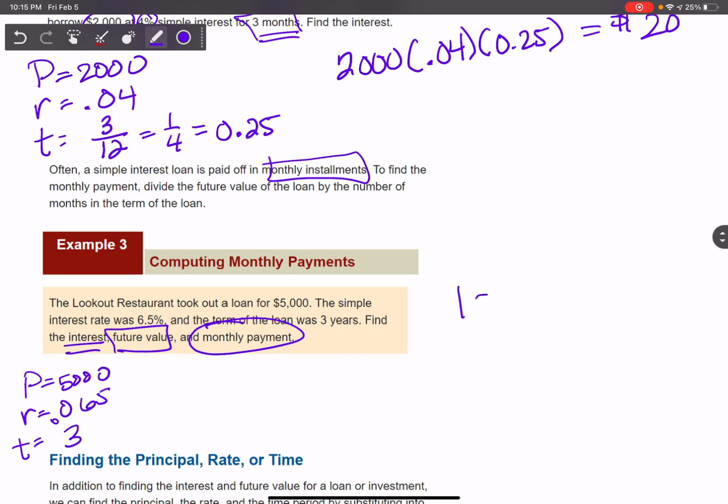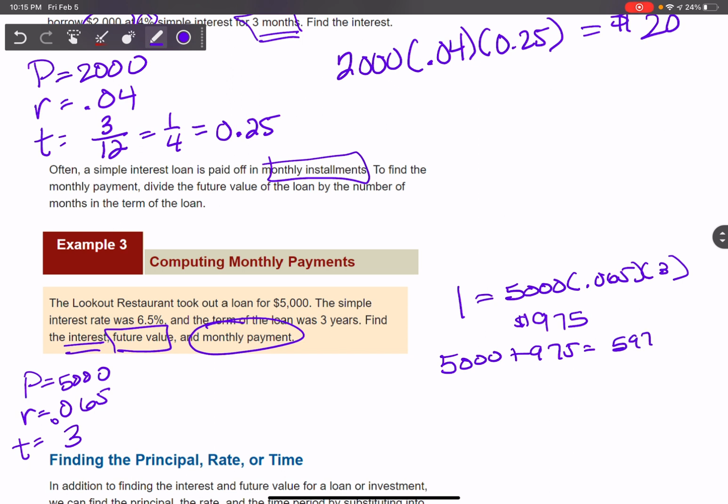Okay, so the interest is I equals PRT. And we get our interest is $975. Our future value will be our principal plus our interest, which is $5,975.